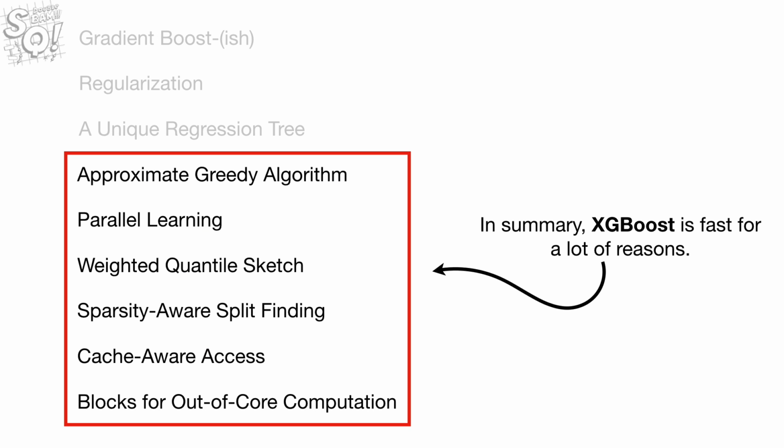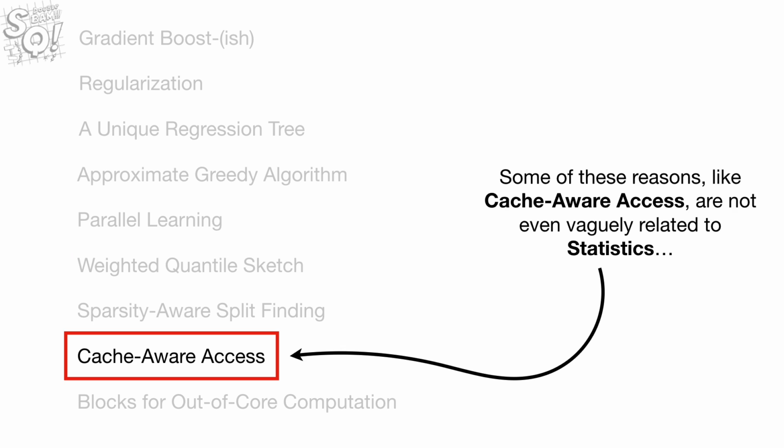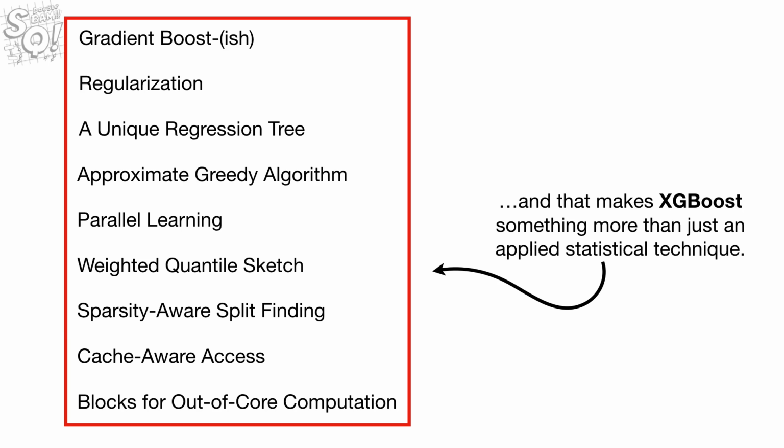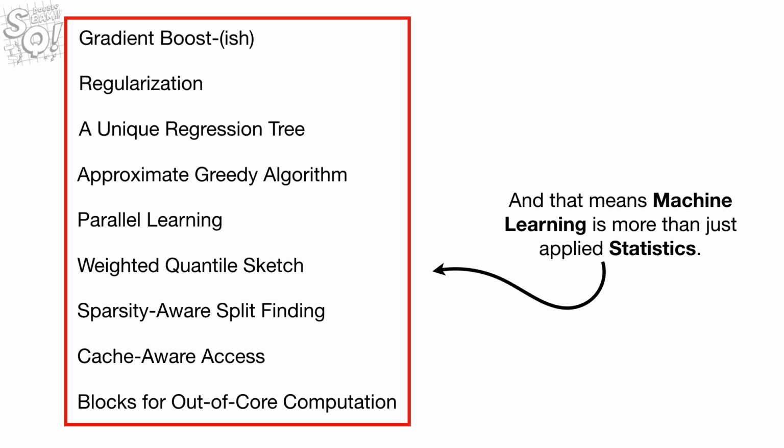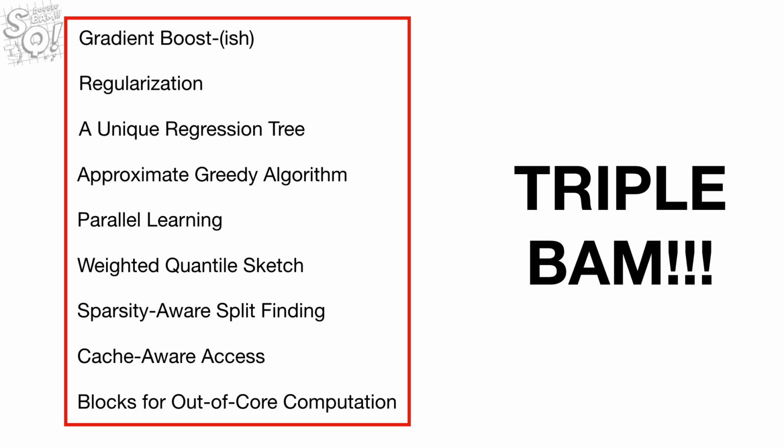In summary, XGBoost is fast for a lot of reasons. Some of these reasons, like Cache-Aware Access, are not even vaguely related to statistics. And that makes XGBoost something more than just an applied statistical technique. And that means machine learning is more than just applied statistics. Triple bam!